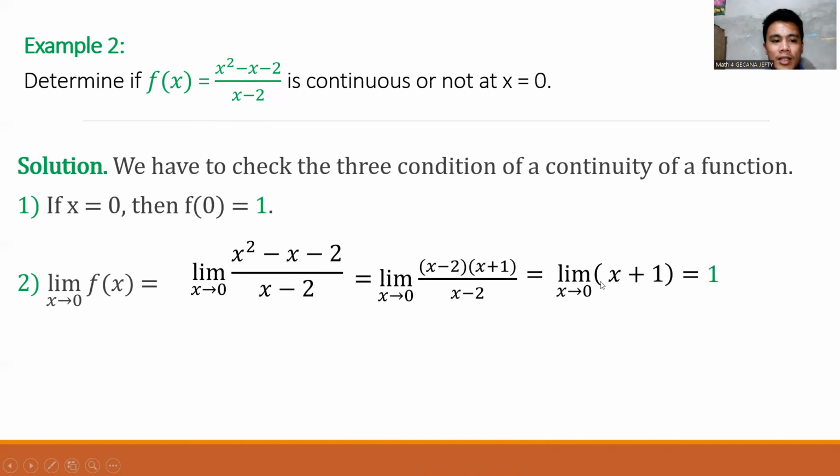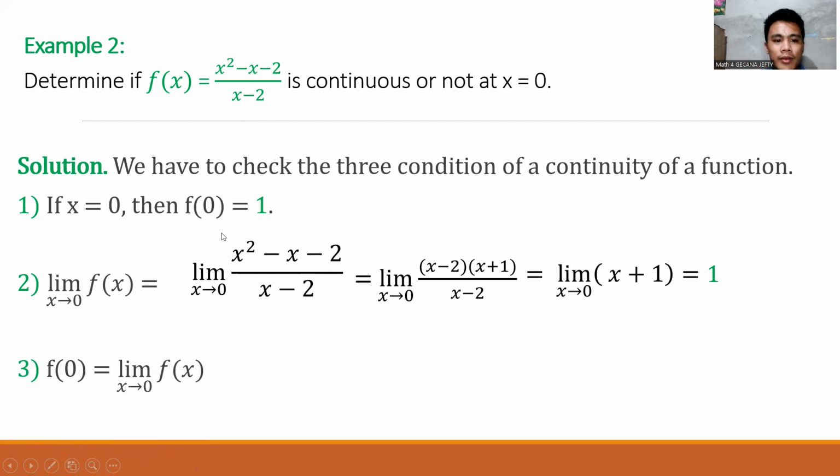As we can see, condition 2 is also satisfied because the limit of f of x as x approaches 0 exists. Now let's proceed to condition 3. Condition 3 is that f of 0 is equal to the limit of f of x as x approaches 0.